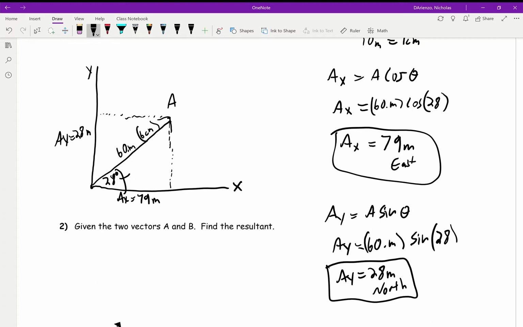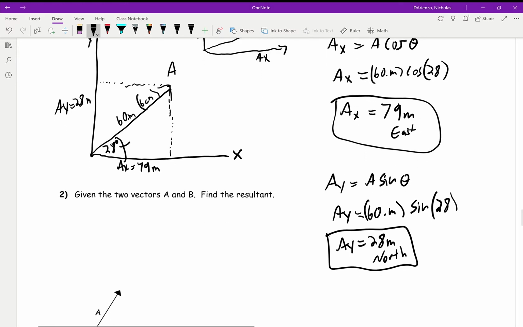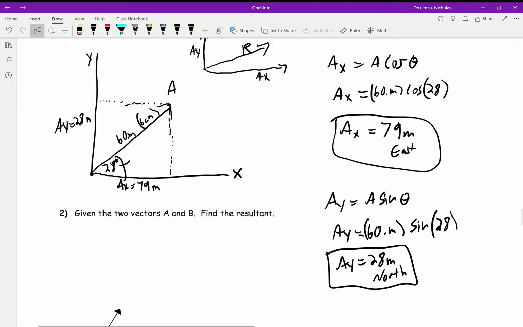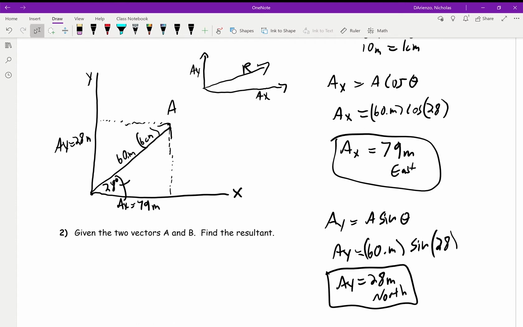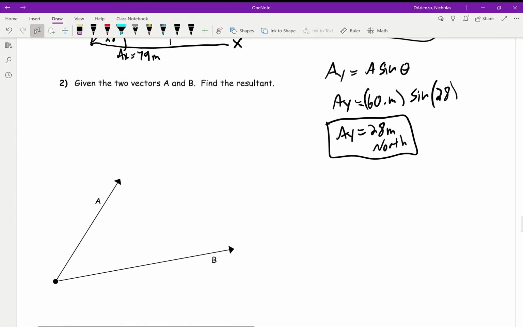So that resultant might have been the product of something like this, where we got a resultant that was more towards the x-axis because the magnitude of that component was much greater. So that's using the algebraic method to resolve a vector into its component parts.